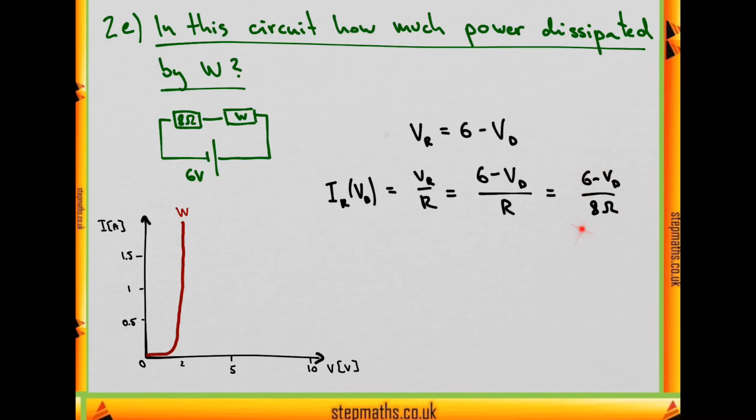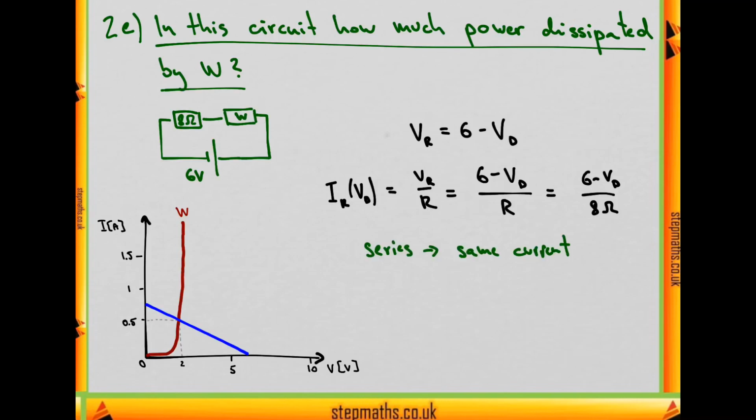And this is an equation of a straight line with intercept 6 divided by 8, which is 0.75, and a negative slope, just like this. So it starts at 0.75 and crosses the x-axis at voltage 6 volts. 6 minus 6 is 0.